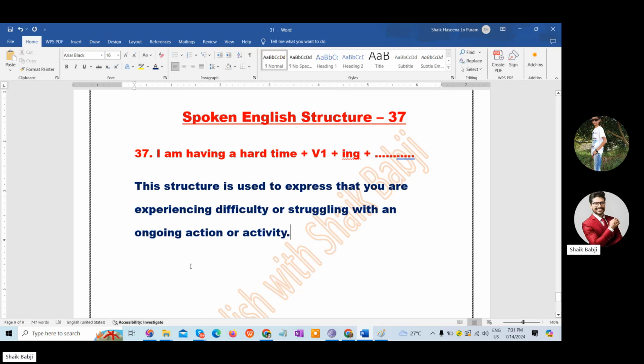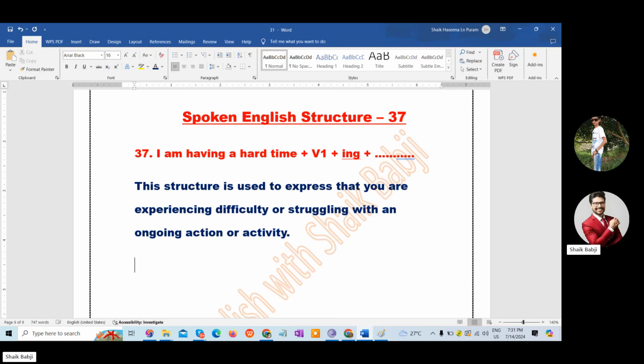What is the structure? I am having a hard time. After I am having a hard time, we have to use V1 plus ing form. This means you are facing some difficulty or some struggle with an ongoing action or an activity.